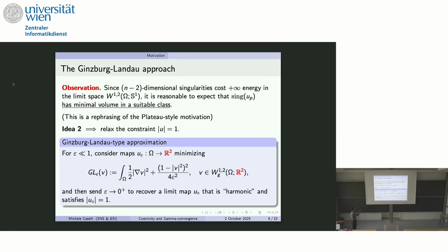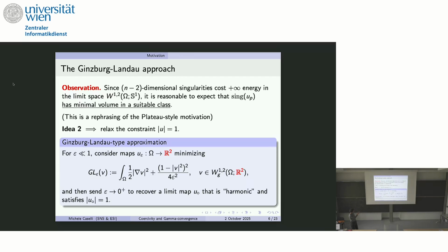So the second idea to address the problem that in some cases no W12 map exists in the space of competitors is to relax the constraint that the modulus of U is 1. Okay, this brings to a very well-studied topic to this day, which is the Ginzburg-Landau type approximation, which is essentially the following idea.